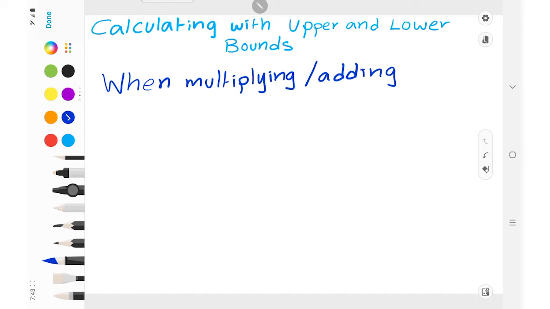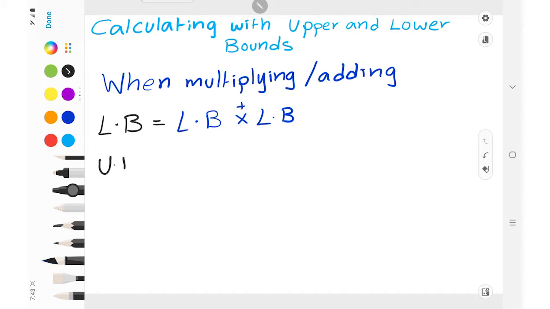So when multiplying for the lower bound, you will do as always. You will multiply the lower bound for the first number by the lower bound for the second number, or add. In this case, it works for multiplying and adding.